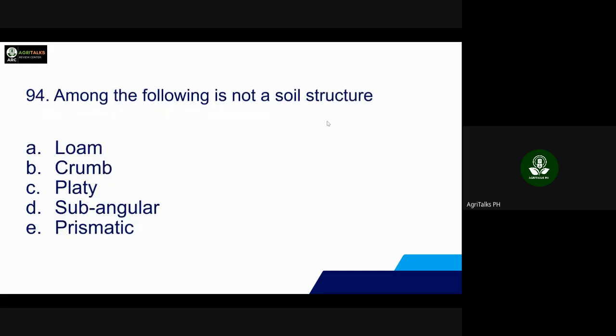Among the following is not a soil structure. One of these is soil texture: loam, crumb, platy, subangular, prismatic. The correct answer is loam because it's a type of texture. The other four are types of soil structure.